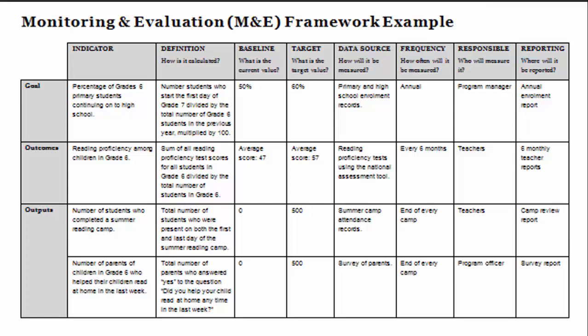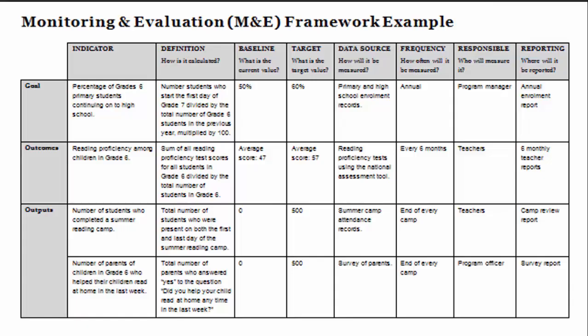Now, as you can see, at the highest level result, which is the goal, the frequency is well articulated on how this data will be collected, and how often. Usually what this means is that as you move from the lowest level indicator, the frequency starts to decrease.